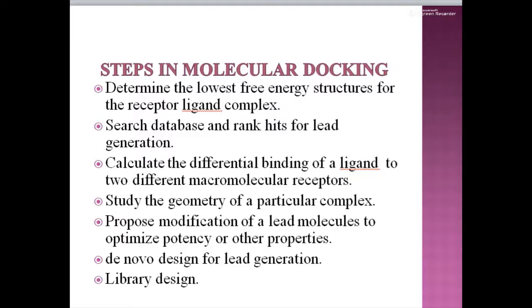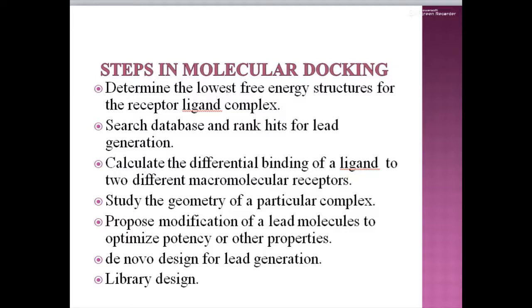Like if you have 10 compounds and among them they are all interacting with the biological target, you find that among these 10 compounds 5, 4 and 9 are binding with the least energy. So you will say, okay, rank 1 is given to 9, then it is given to 7, then the next one. So based upon the least binding energy you will rank them.